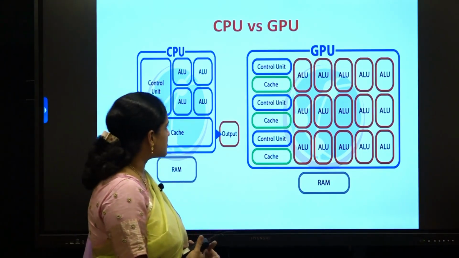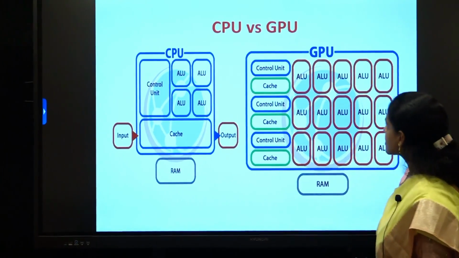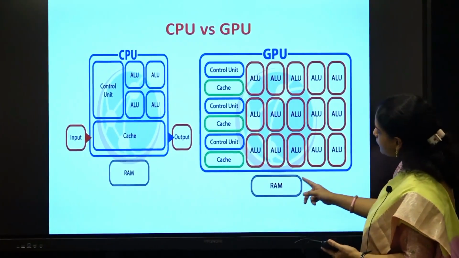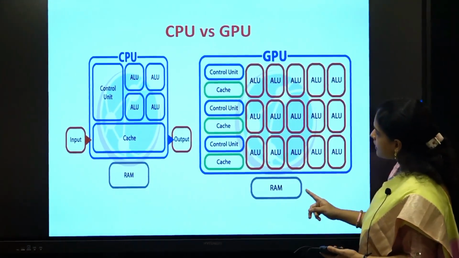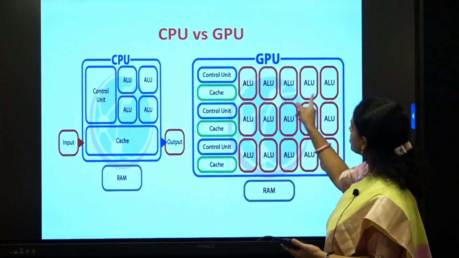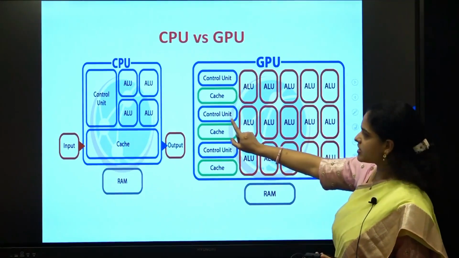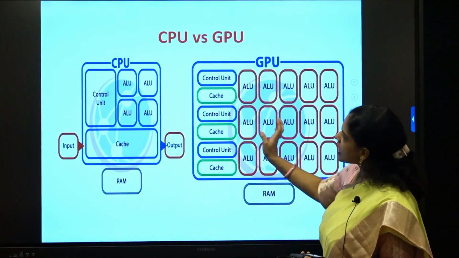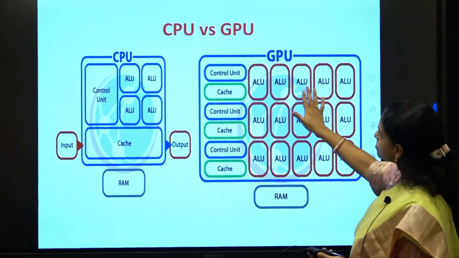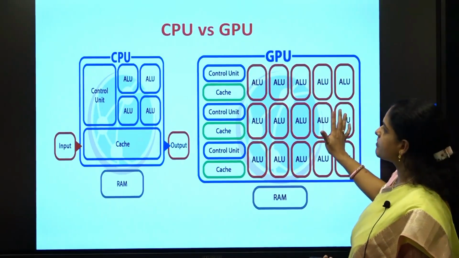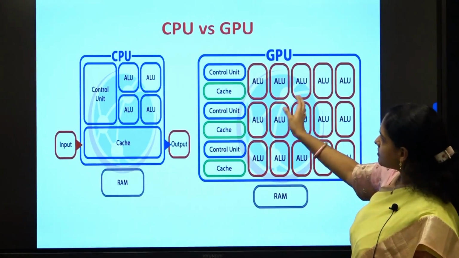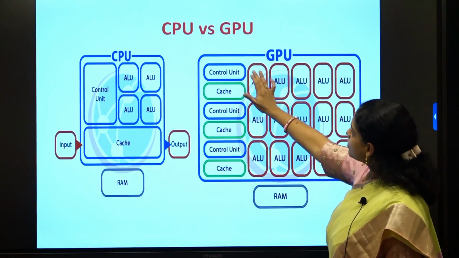So, coming to a GPU, the graphics processing unit, you have multiple ALUs present in your hardware, and each of these sets of ALUs has its own control unit and cache memory. If you compare it with your CPU, this is more powerful and faster, because it has its own control units.